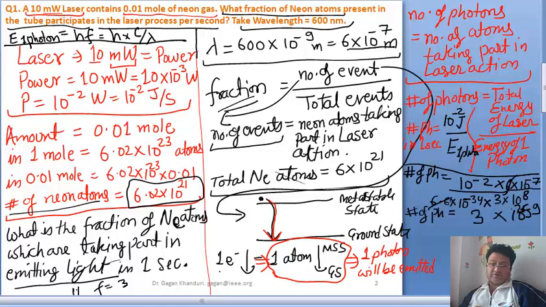So if I put 3 here, then 10 raised to power 25 minus 9 is 16, by 6 into 10 to the power 21. So this is 6 into 10 raised to power 21. So the fraction is coming out to be 3 by 6, which is 0.5. So I will take it as 0.5 into 10 raised to power 16 minus 21, which is minus 5. So our answer is that the fraction is 5 into 10 raised to power minus 6.